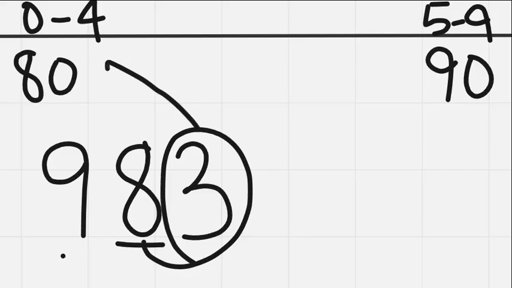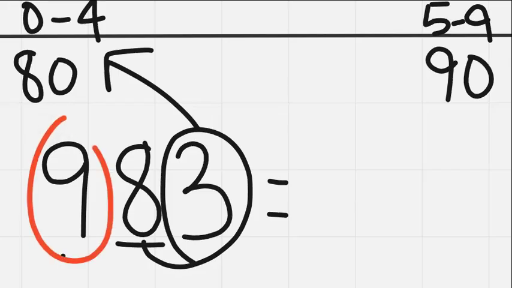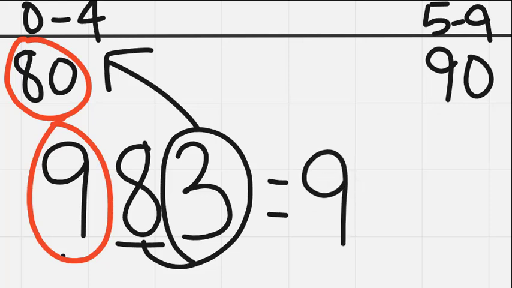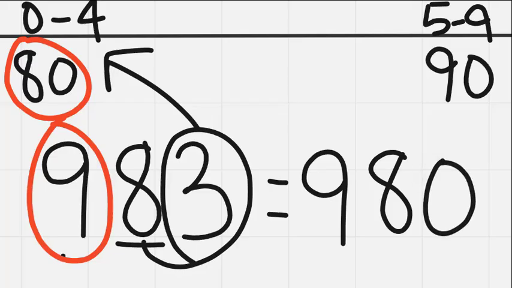The 3 tells 83 to go down to 80. So when we round, we're going to write the 9 and then the 80. We'll write the 9 because it's still 900, and the 80 because the 3 tells 83 to round down to 80. So 983 rounded to the nearest 10 is 980. Be sure to check your work.